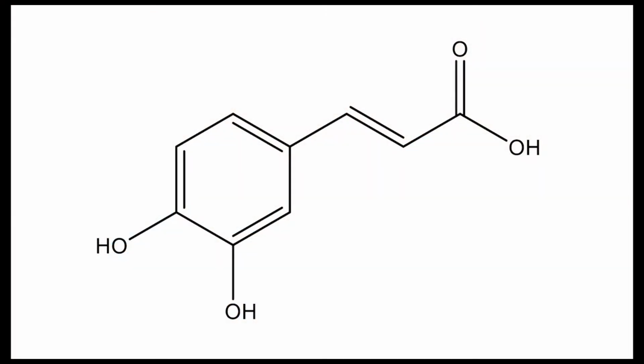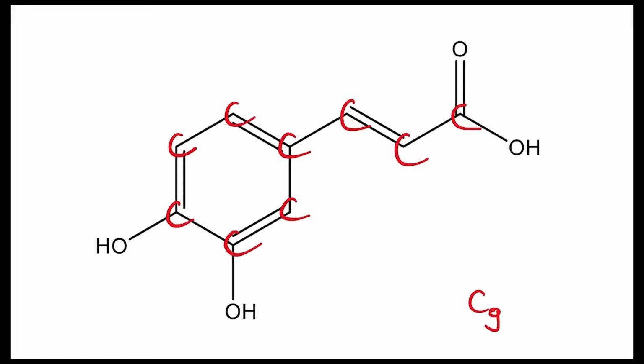So, C9H8O4. We'll run through it. I'm gonna draw all the carbons in. 1, 2, 3, 4, 5, 6, 7, 8, 9. C9. Then hydrogens. Well, some of them are already drawn in the structure.